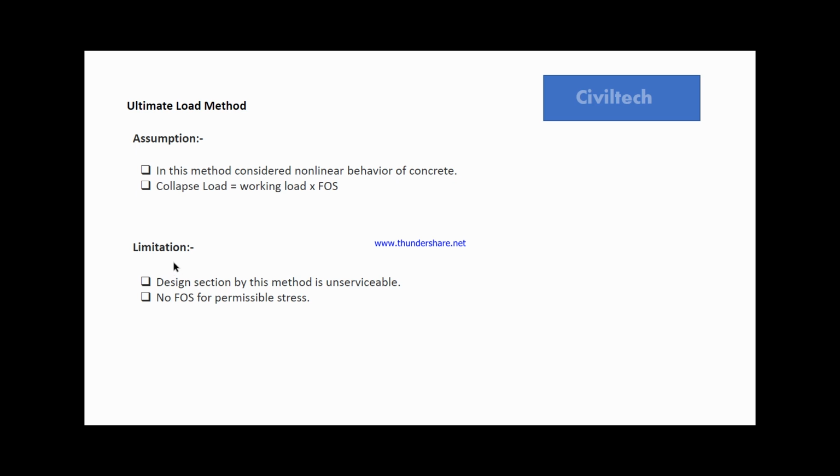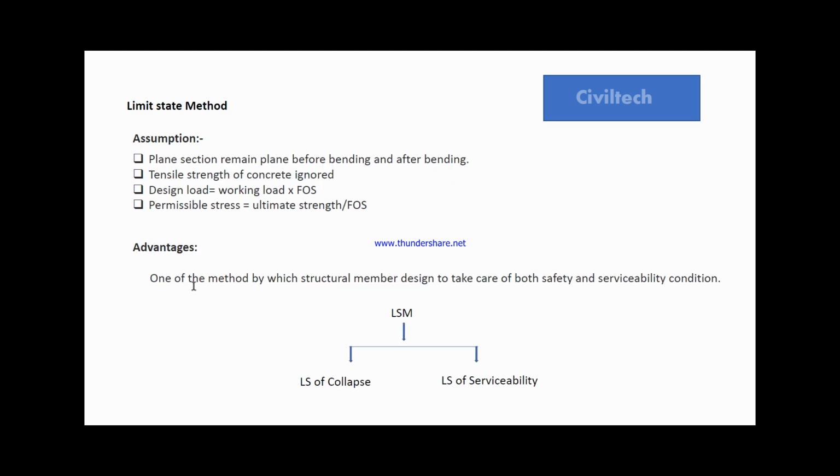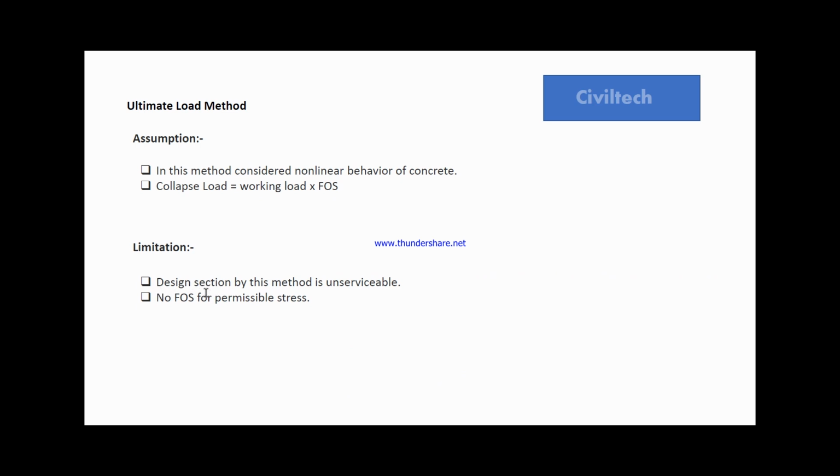we are going to talk about the limitations of the ultimate load method. First limitation, whatever section we design using the ultimate load method will be a thin section. That's why it does not satisfy the serviceability condition.